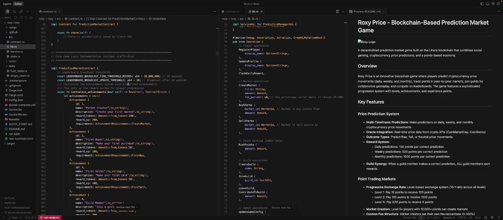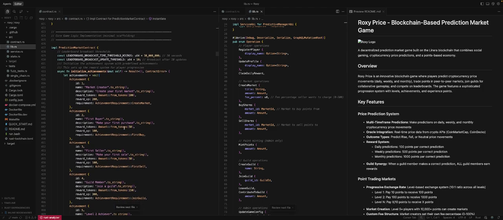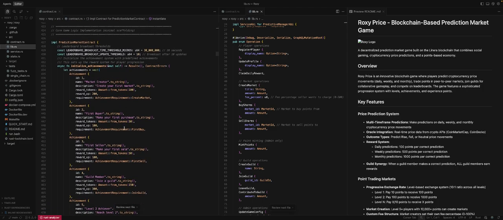So now this is the core game logic implementation. Let's start. These are the constants, leaderboard time threshold, macros. In my case, whenever a player is playing the game and getting points, getting rewards from point-based rewards, for every 30 seconds the leaderboard is updated.